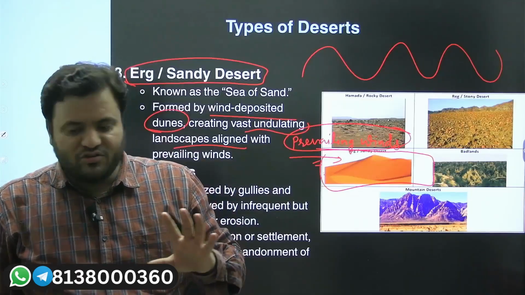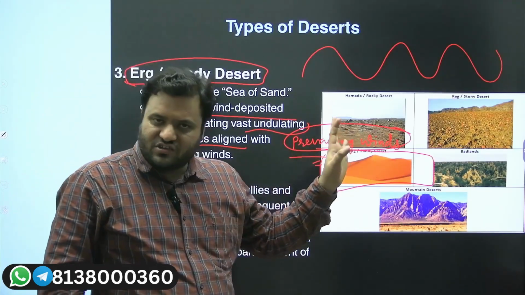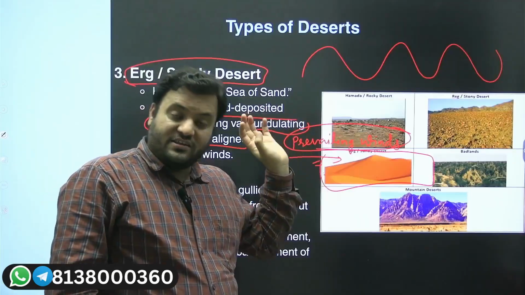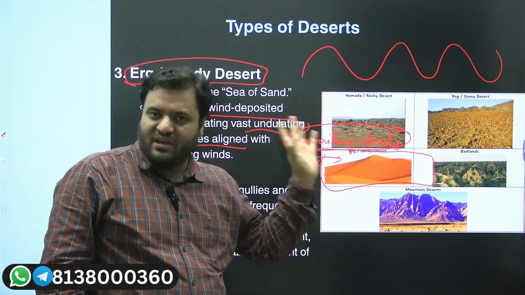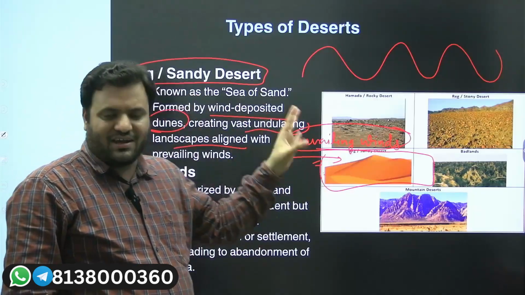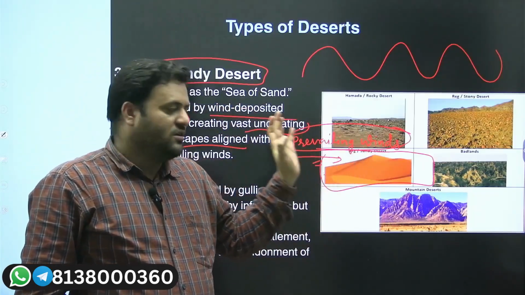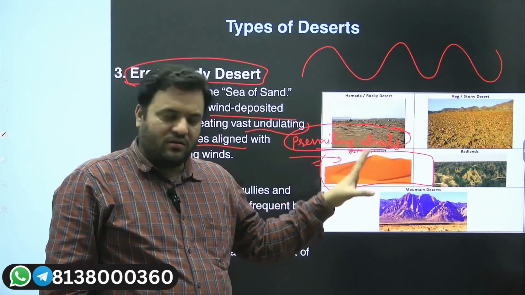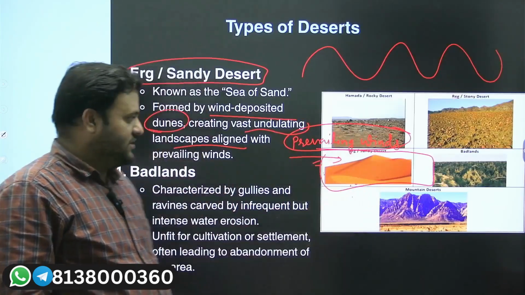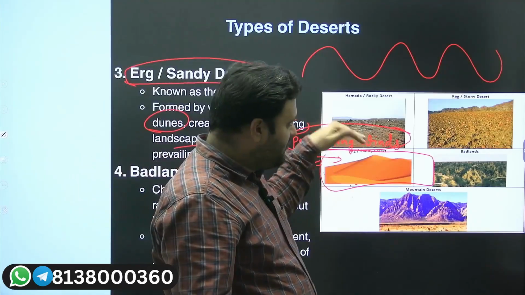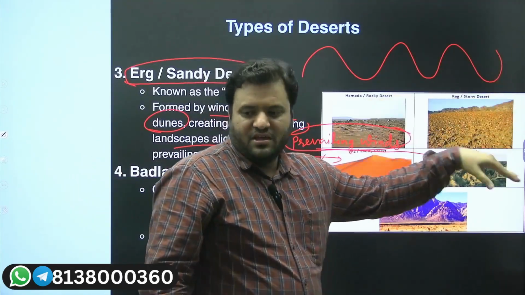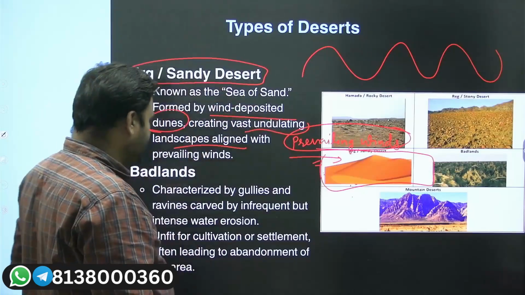As of now, just stick with the term prevailing winds, and whenever I tell you about prevailing winds, what they are and where they occur, I will recall that with respect to the desert as well. Prevailing winds and the sand lead to the formation of an undulating landscape.